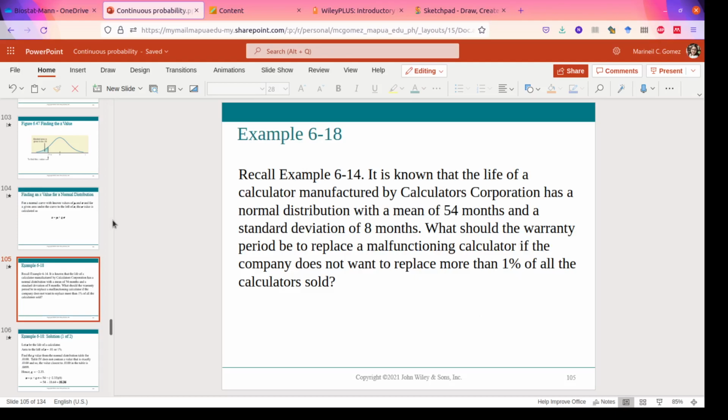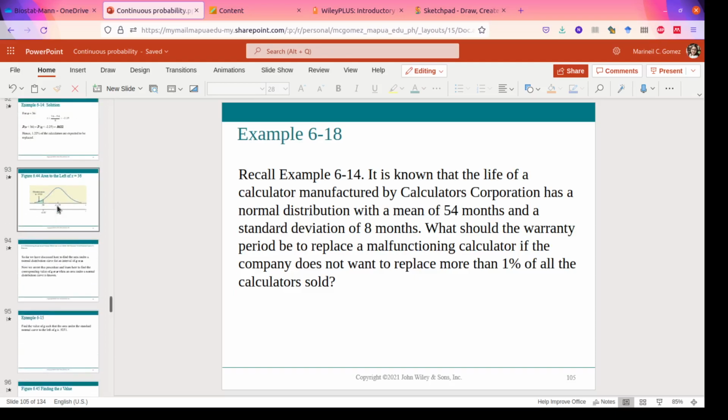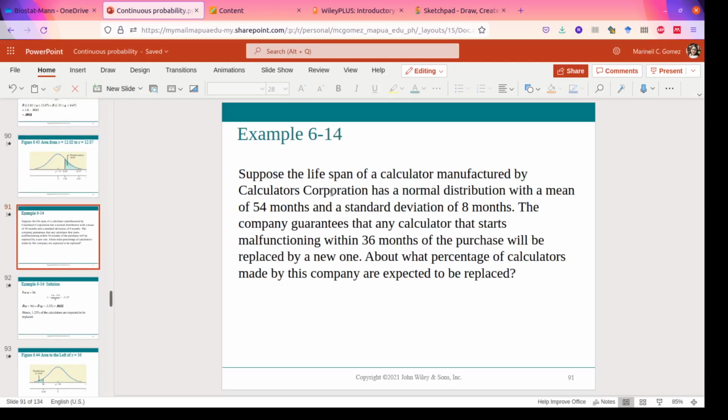Let's look at the previous example. The lifespan of a calculator has a mean of 54 months and a standard deviation of 8 months. The guarantee is that if the calculator starts malfunctioning within 36 months of the purchase, it will be replaced by a new one. But the value here is 54 months and 8 months.